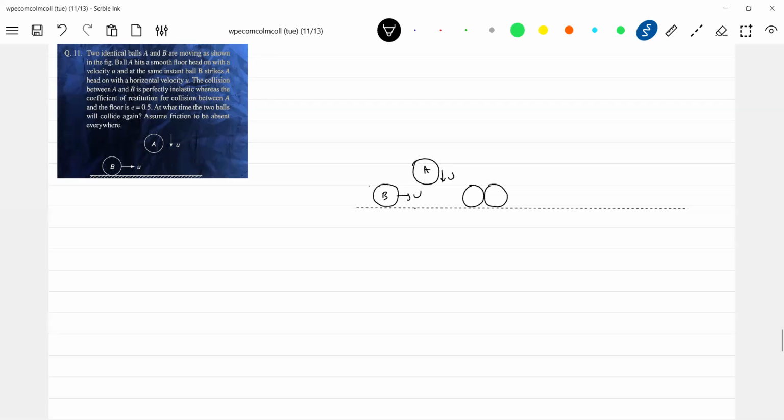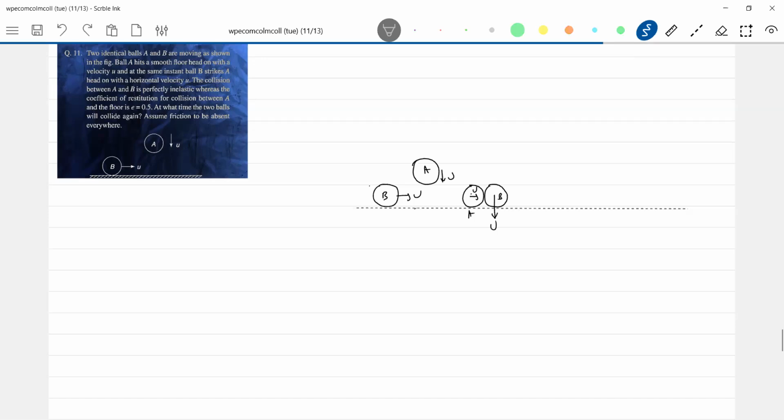Just before collision, this is A, this is B. It will have a speed U. What happened to that A and B?